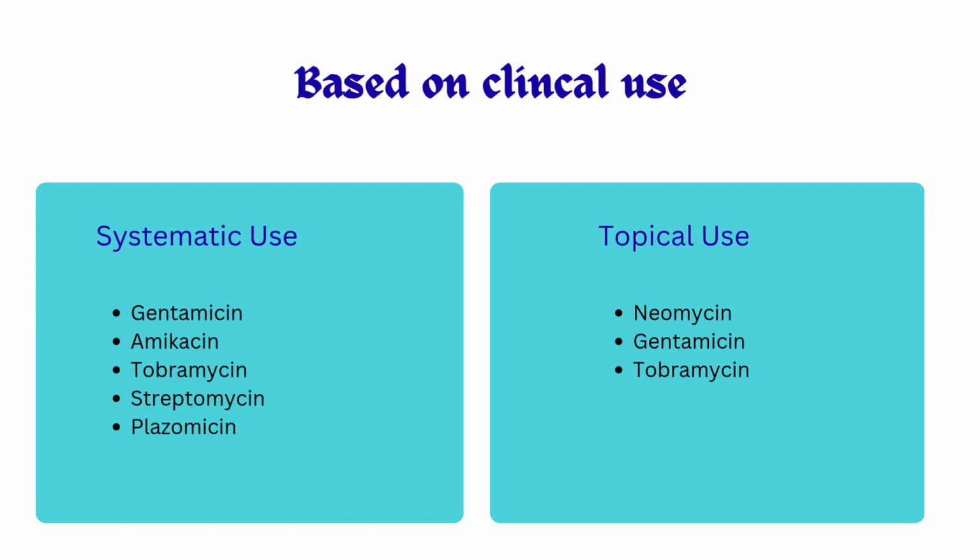Systemic aminoglycosides. Systemic aminoglycosides are administered to treat serious infections throughout the body. They are usually given intravenously or intramuscularly because they are poorly absorbed from the gastrointestinal tract. The major systemic aminoglycosides include gentamicin, amikacin, tobramycin, streptomycin, and plazomicin.